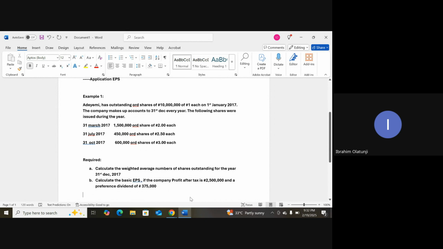So are we set? Yes. Okay. So what we are going to do is calculate the weighted average number of shares outstanding for the year 31st December 2017.